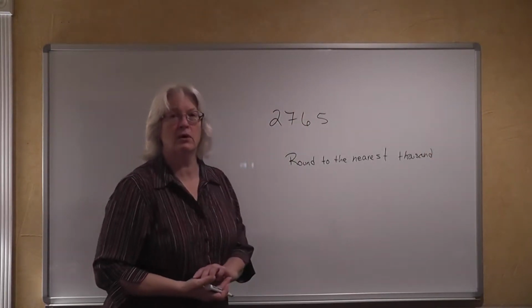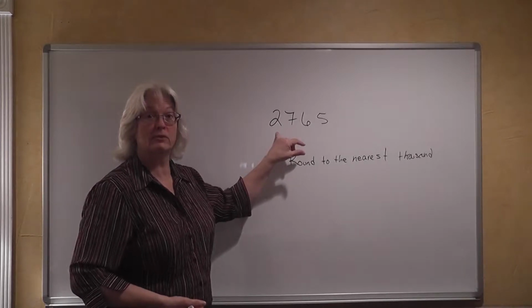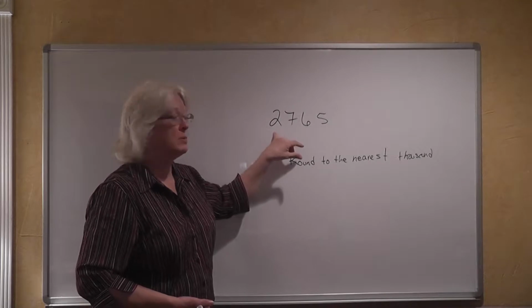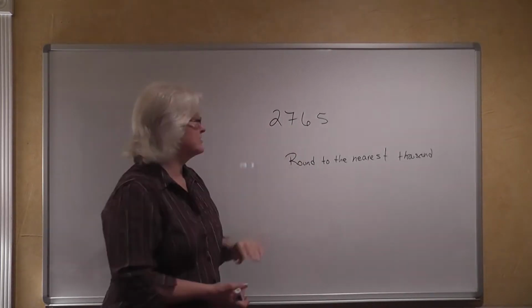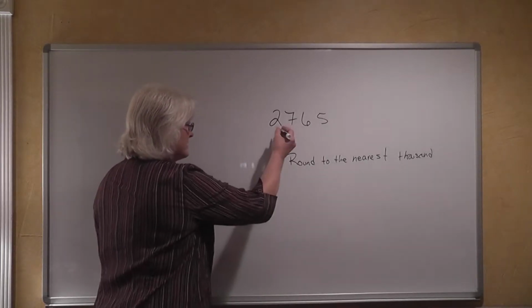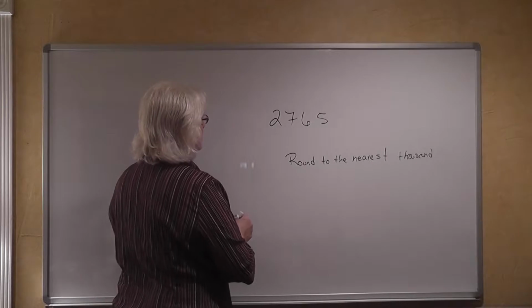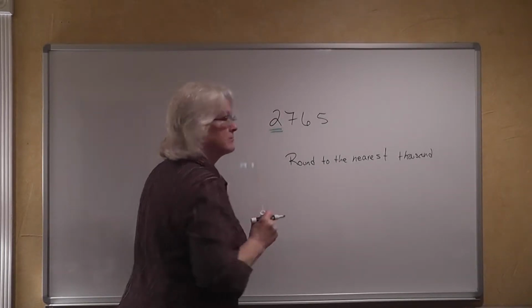So you have to know, okay, which one of these places is 1,000? The 2 is in the thousands place. So we want to round this whole number to the nearest 1,000. If this is the place to which we are rounding, we're going to round to the 1,000.